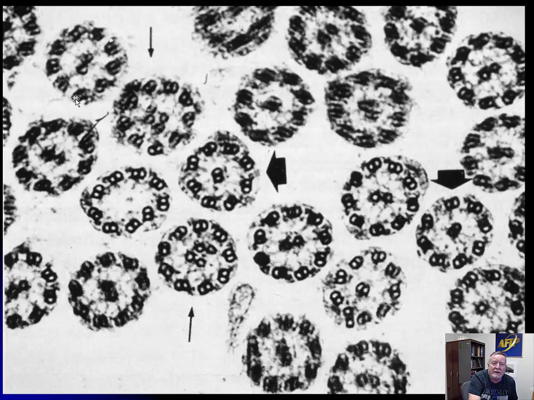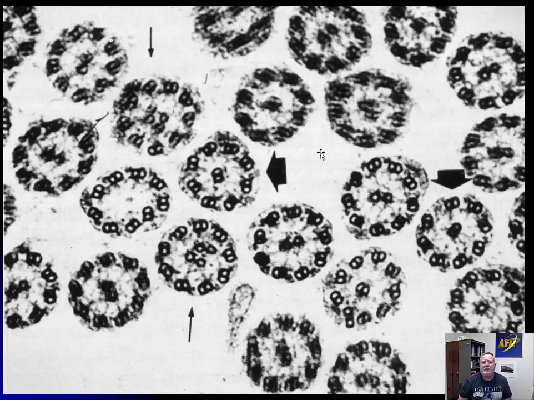But if you count, most of these cilia have the 9 outer and 2 inner, but then you start to realize that this one doesn't have any of the inner singlets. This one only has 1 instead of 2. Okay, this has 8. Well, I'm sorry, that's normal. This has 8 here. This one has two pairs of singlets on the inside.